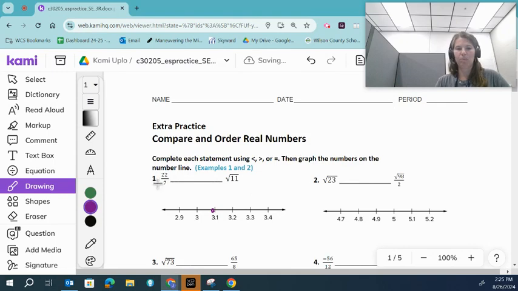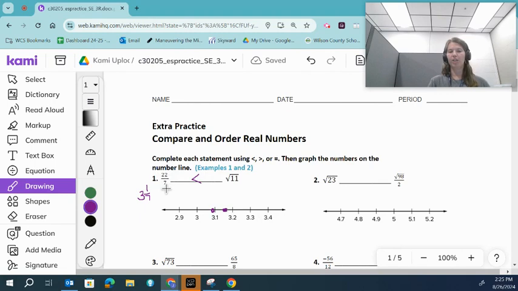And this one, when I convert it to a mixed number, I have 3 and 1 seventh. So the square root of 11 is going to be a little bit larger. So 22 sevenths is less than the square root of 11.